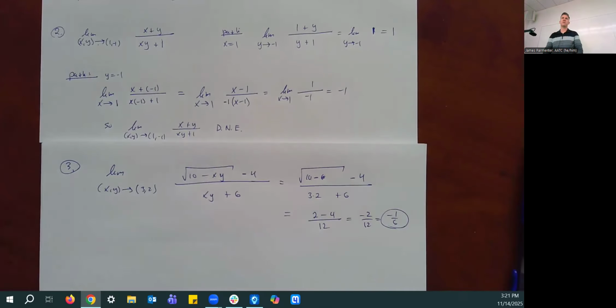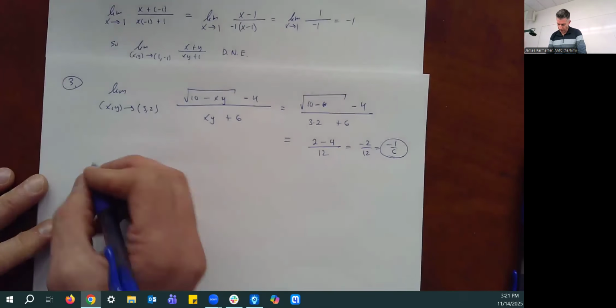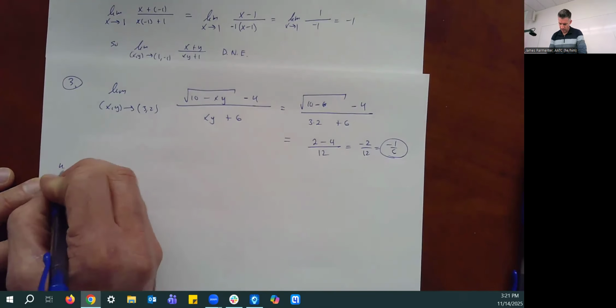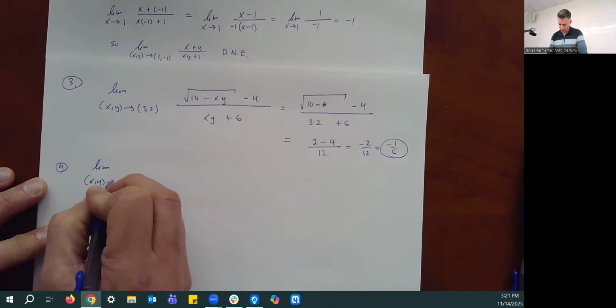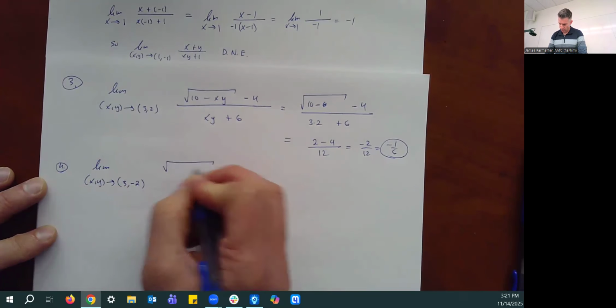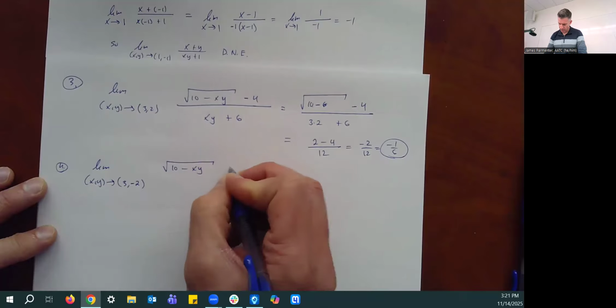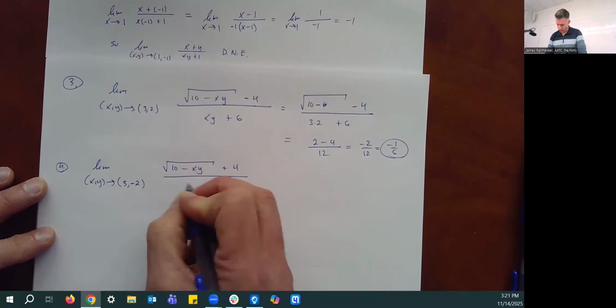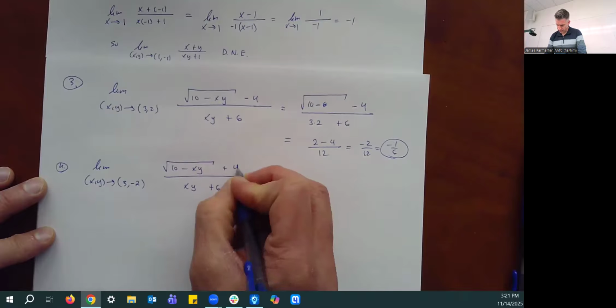Cool. That's my answer. I'm done. What my teacher meant to write, but made a mistake writing, and if they don't catch it, we're in luck, is the limit as (x, y) approaches (3, -2) of the square root of 10 minus xy plus 4 over xy plus 6.